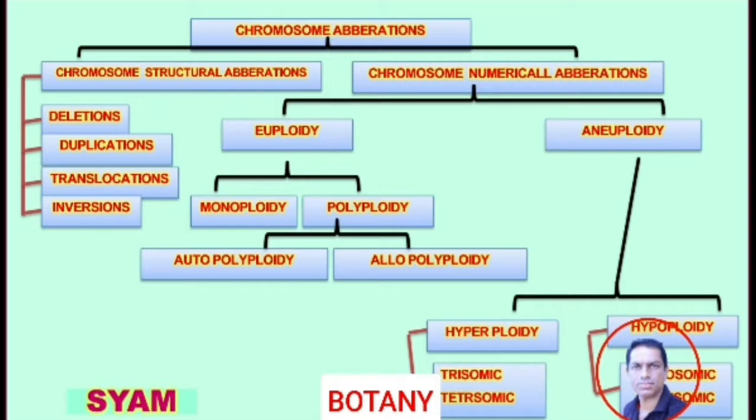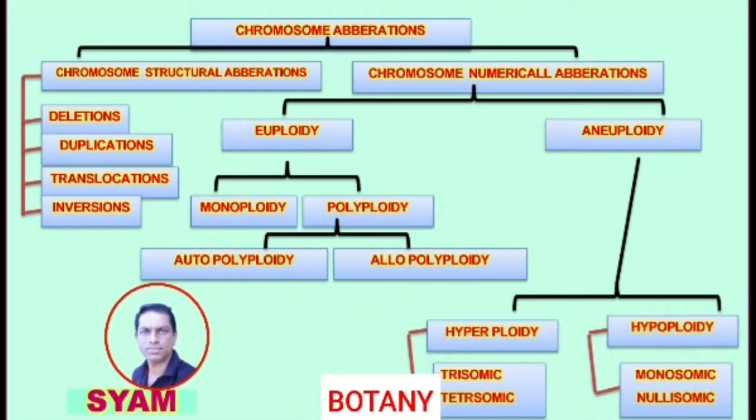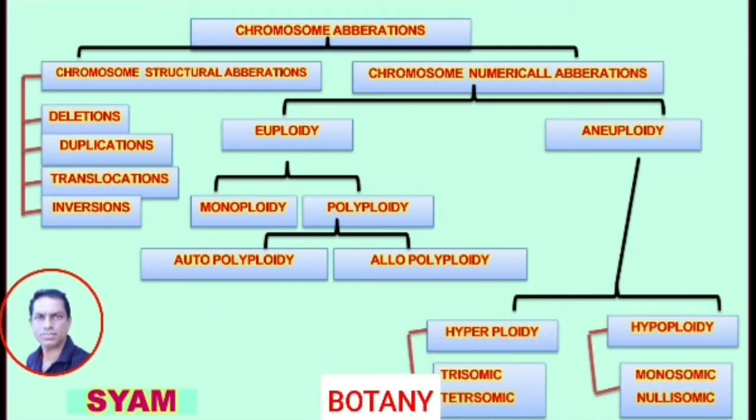Numerical chromosomal aberrations are divided into two types: euploid and aneuploid. Euploid means an organism whose genomes are added. That means a basic set of chromosomes is added.